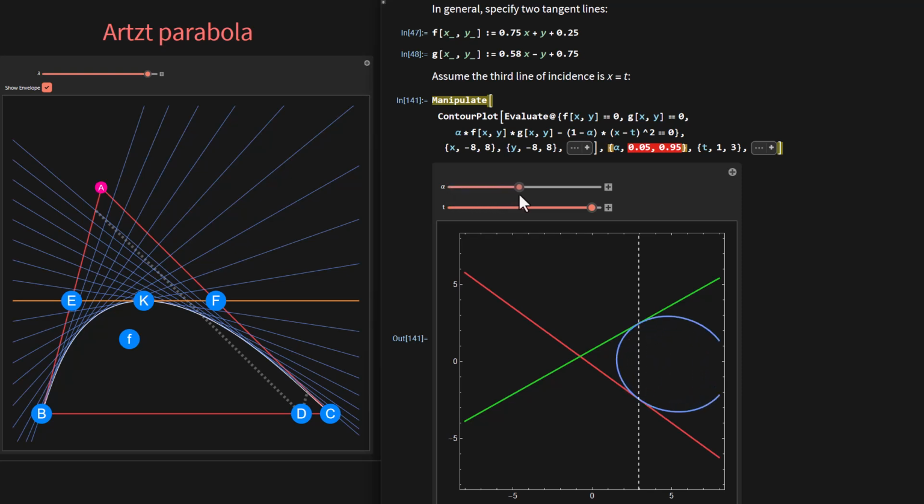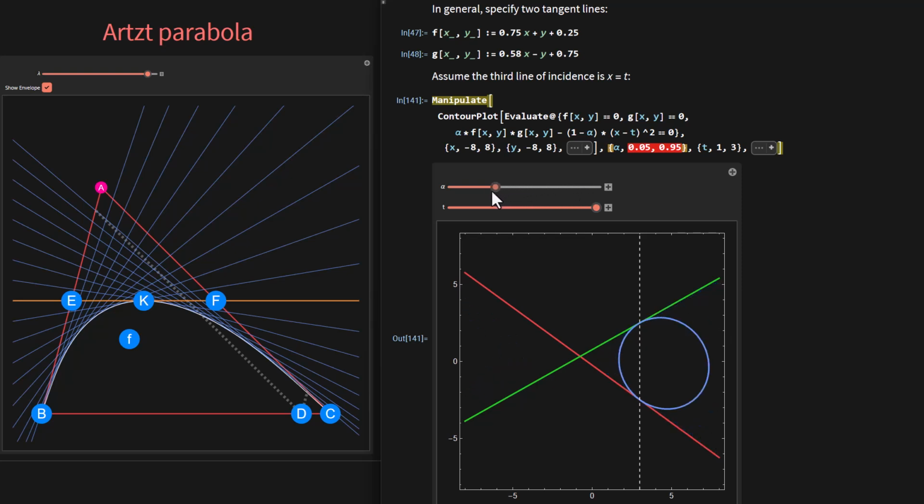It's whether an ellipse, circle, parabola, or hyperbola. So it's a parameter that changes the shape of the conic. And t is also a variable. t specifies the tangent point of this conic and the two tangent lines.